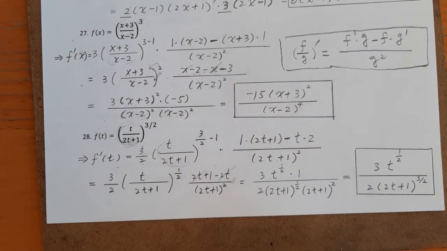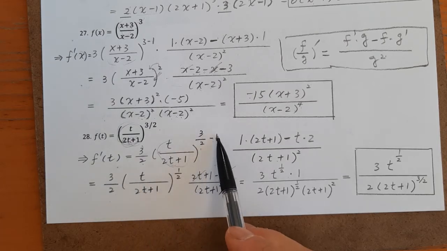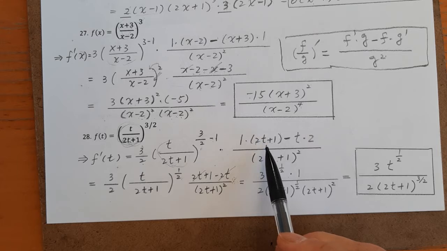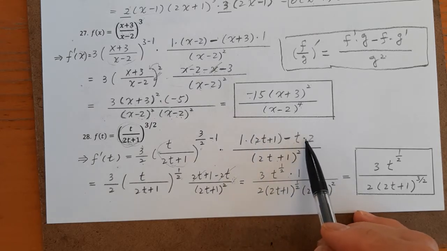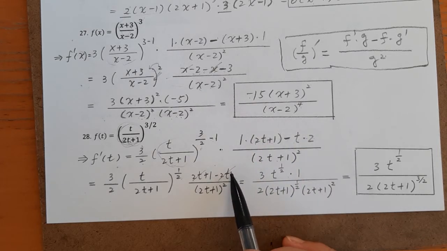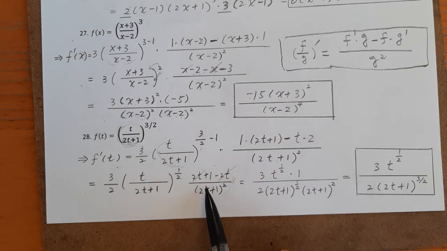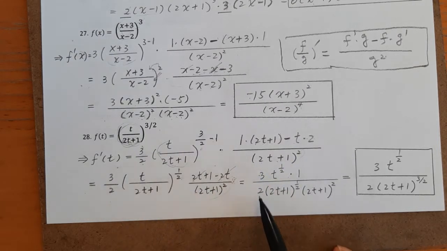And then you combine. So 3 over 2 and this base, copy down. And 3 over 2 minus 1 is 3 over 2 minus 2 over 2, get 1 over 2. Then 2t plus 1. T times 2 is 2t. So minus 2t over denominator. And then 3 over 2.